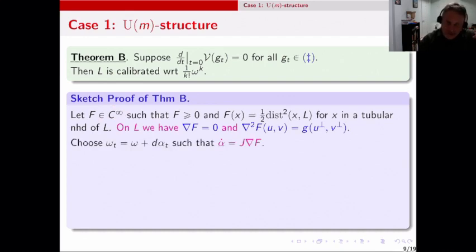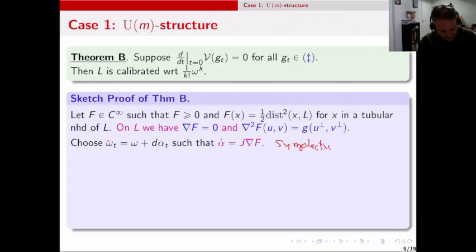Using this function, we're going to take a specific class of variations, a specific choice. We're going to take alpha t to be any one parameter family of one forms such that its time derivative at time 0 is j grad f. This is also called the symplectic gradient.